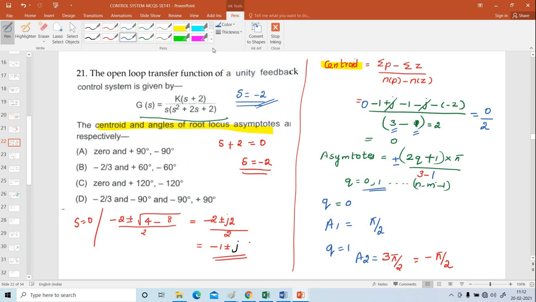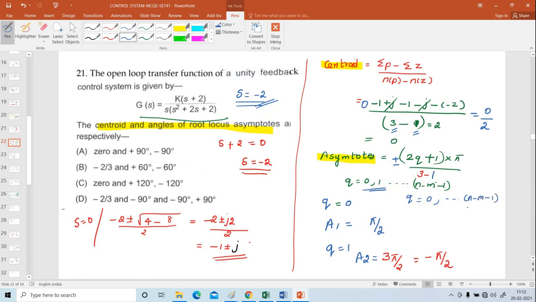And next I am going to explain how to find the asymptote angle. The formula used is plus or minus 2q plus 1 into pi divided by n minus m, number of poles minus number of zeros. How to find the q value? The q value starts from 0 and ends at n minus m minus 1.